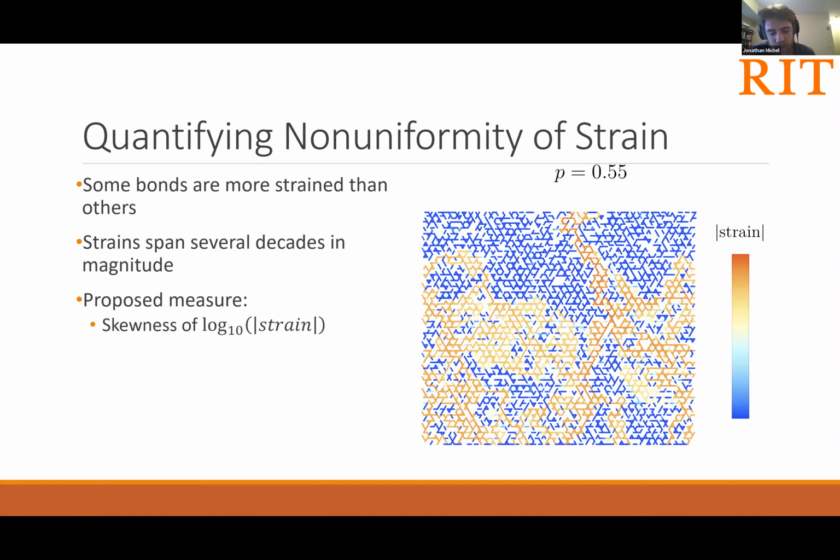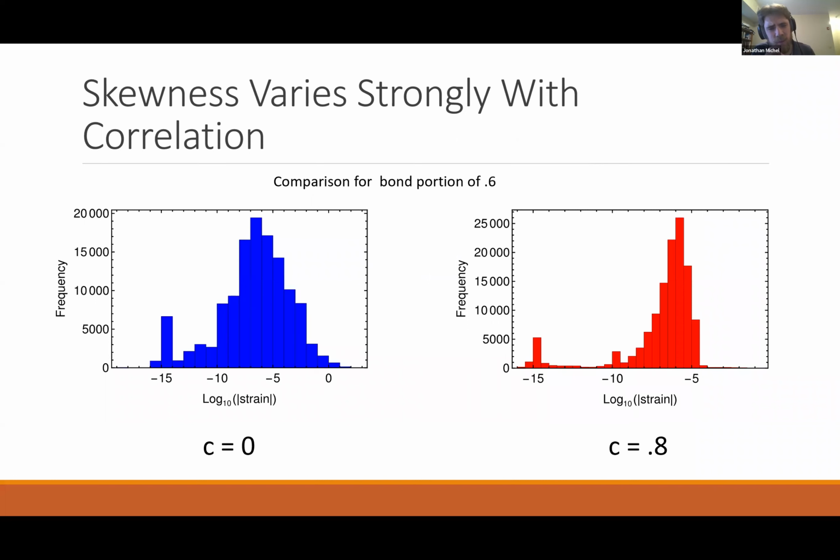Some of the bonds in the network are much more highly strained than others. As a measure of the statistical dispersion, I consider in particular the skewness in the log base 10 of the strain. Here the skewness is the third moment about the mean, normalized by the cube of the standard deviation. Just to give you an idea of what a couple of these distributions might look like for a couple of representative cases.